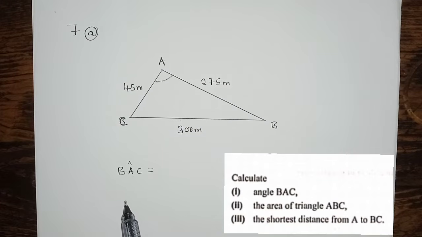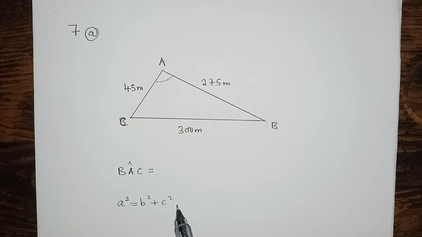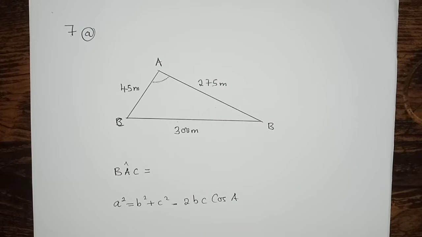For the cosine rule, the formula goes a squared is equal to b squared plus c squared minus 2bc cos A. Okay, so this is the formula we are expected to use. So we can label right here.